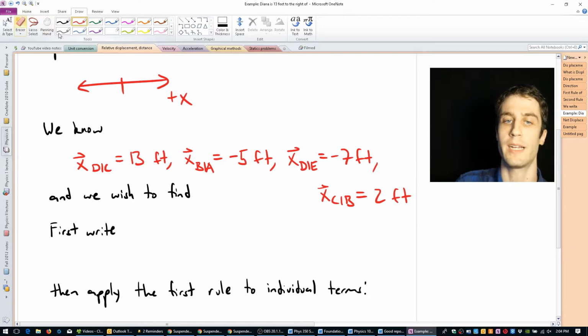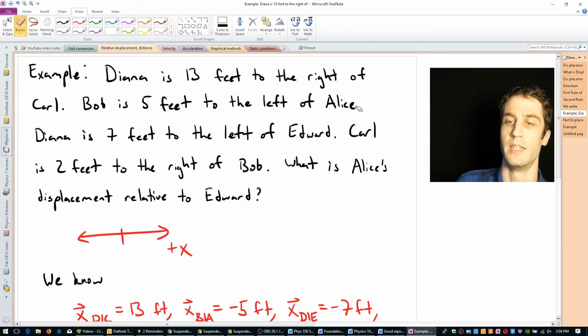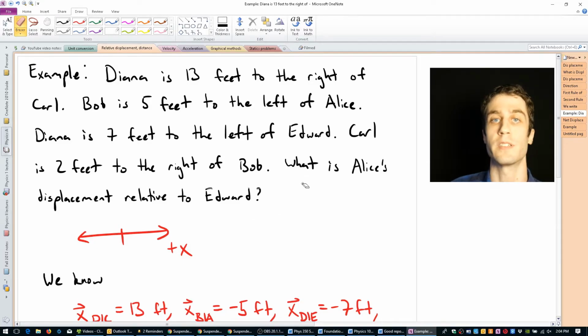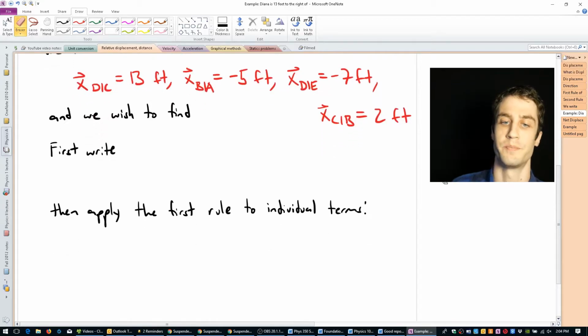Okay, so go ahead and look through all of these I've written down and make sure that they correspond to the terms that you see in the problem statement, and I've done this correctly. Those are the quantities that I have. So let's first write x.